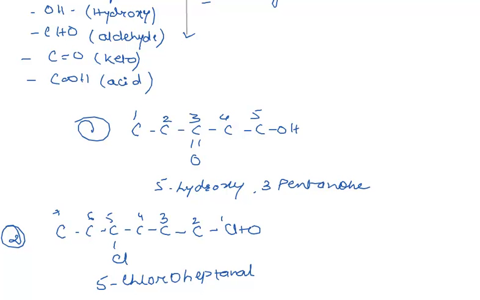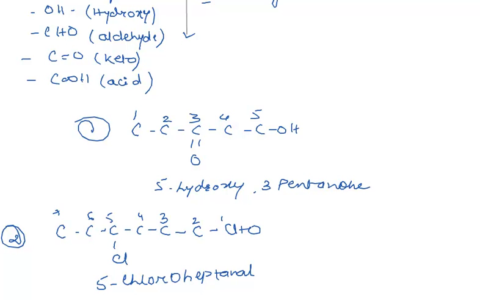To summarize the rules of IUPAC nomenclature, first of all, you have to count the number of carbon atoms. Then write the root word. Second, find out the type of bond between the carbon atoms and write the primary suffix. Third, work out the functional group if present.